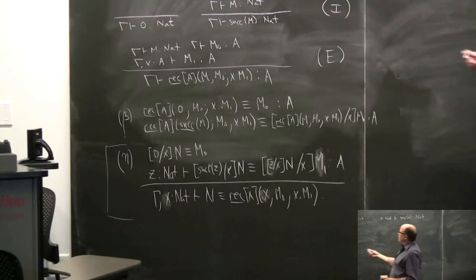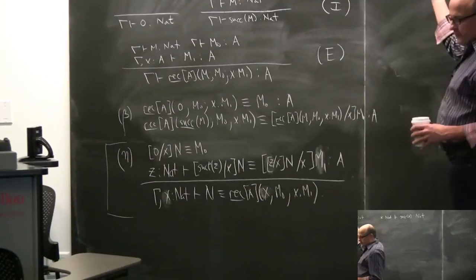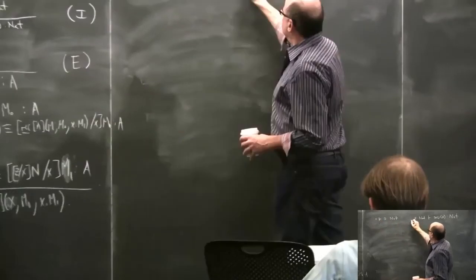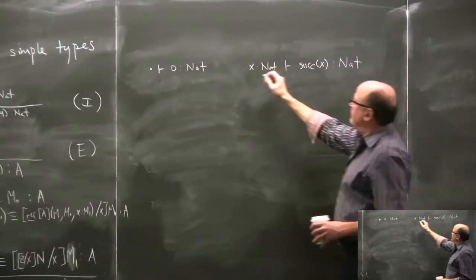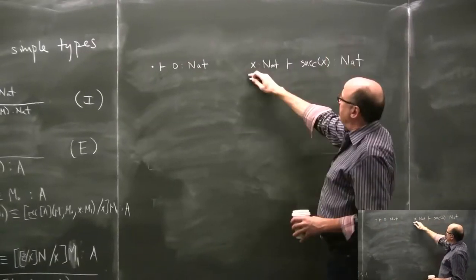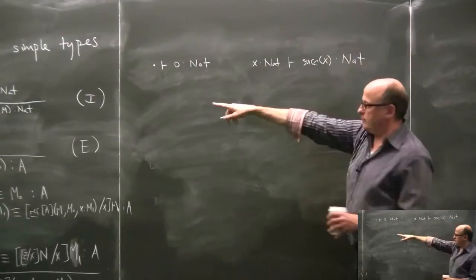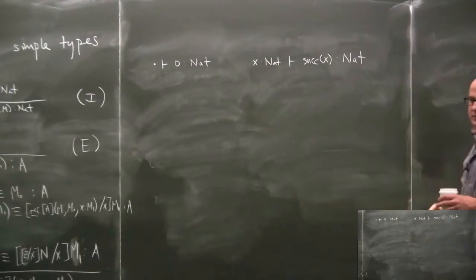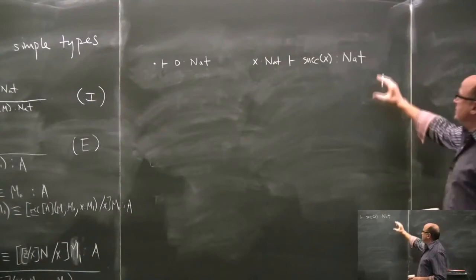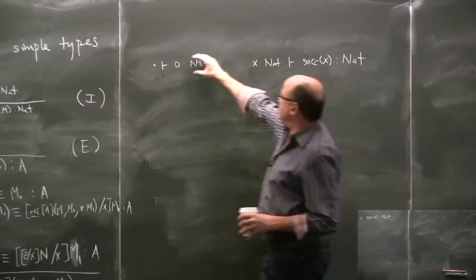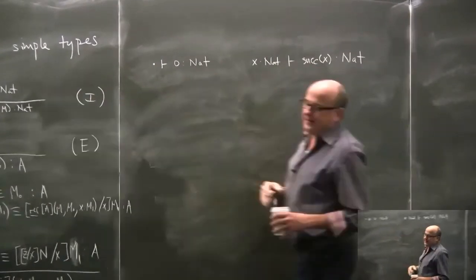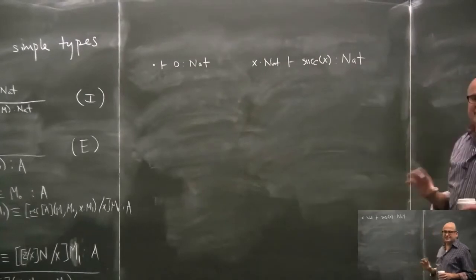And then it follows that, or you have a rule that allows it, that I can drop in a gamma here, and I can drop in a gamma here, and then if I have gamma proves m in nat, then I can substitute and get the rule that I described over here. Okay? So what I'm saying is, this information is equivalent to that information in a suitably set up theory.